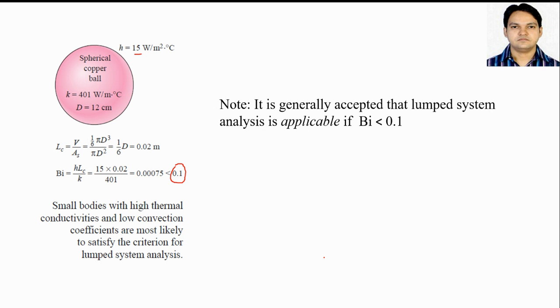So for a better approximation, it is generally accepted that the lumped system analysis is applicable if your Biot number is less than 0.1, because we have assumed that the surface of our object has uniform temperature at any time. So if you want to use the lumped system analysis, you need to calculate the Biot number first. If Biot number is less than 0.1, it will be applicable.